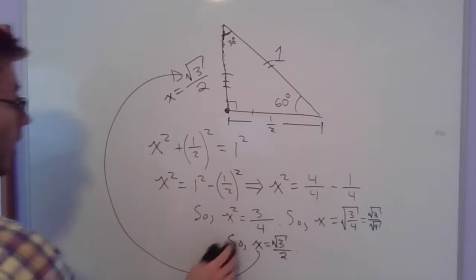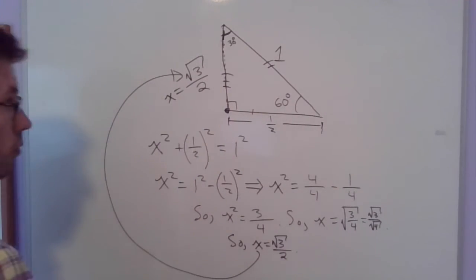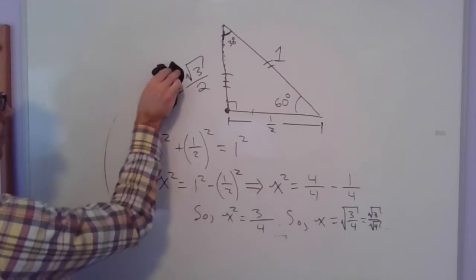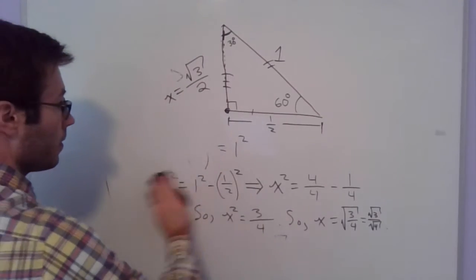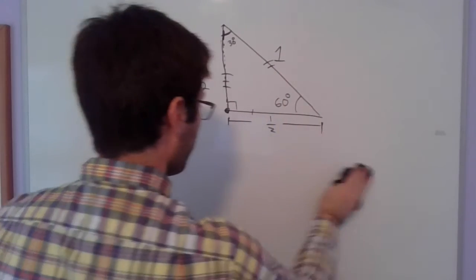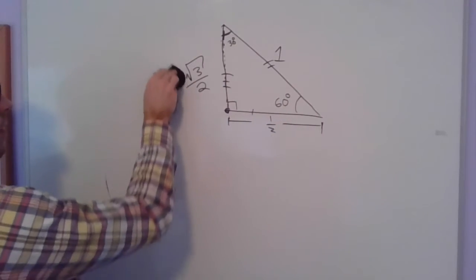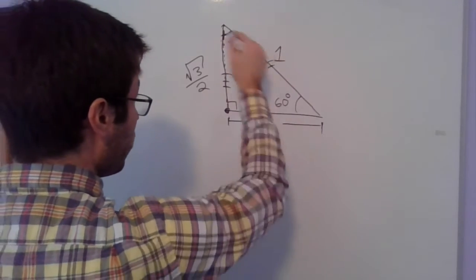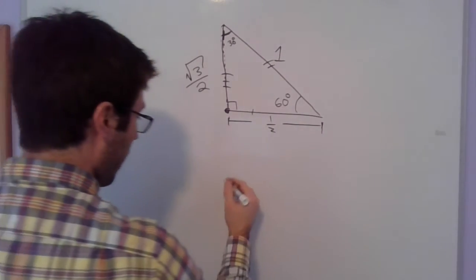So in context to the circle, so I'm going to erase this right here. In context to the circle, we can use this triangle to figure out all the other values.